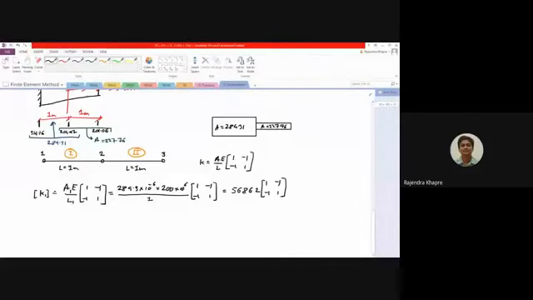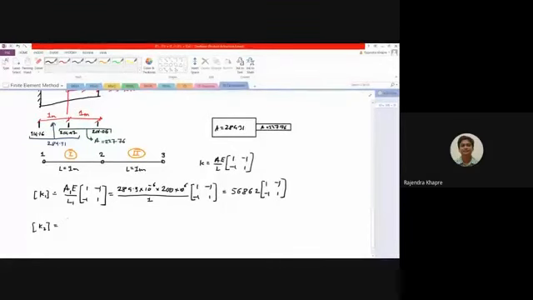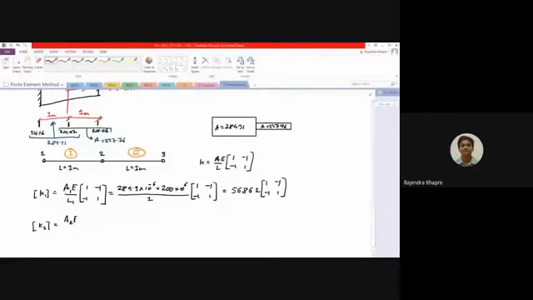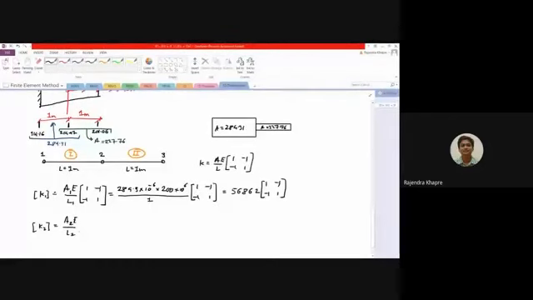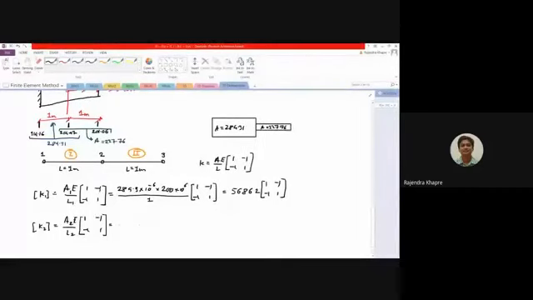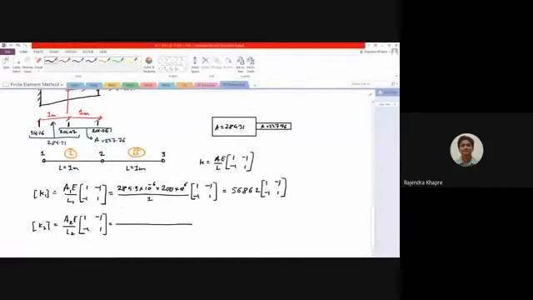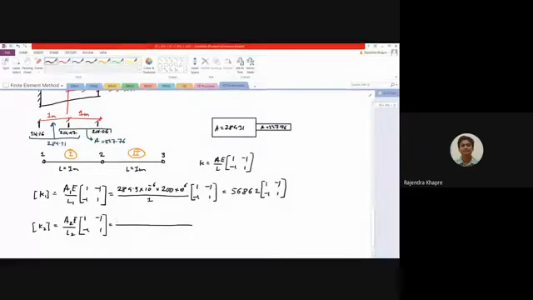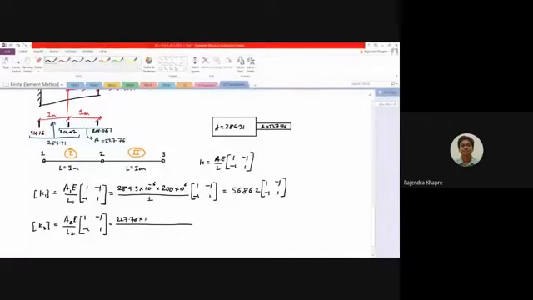Similarly you can generate the elemental stiffness matrix for the second element. This will be A2 into E divided by L2, with 1 minus 1, minus 1 and 1. Here the second element has area 227.76 millimeter square.